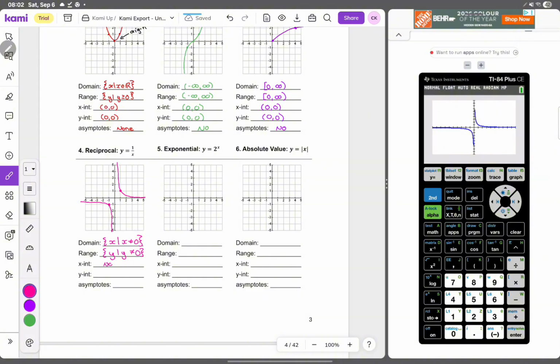We have no x-intercept, no y-intercept. And here we have a horizontal asymptote, and when we draw a line horizontally, we cross through the y-axis. So we say our horizontal asymptote is y equals 0, and our vertical asymptote is x equals 0.